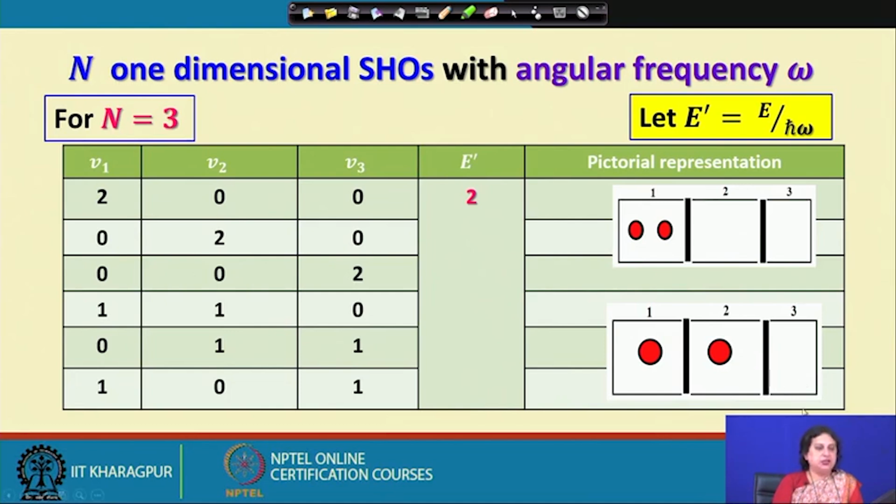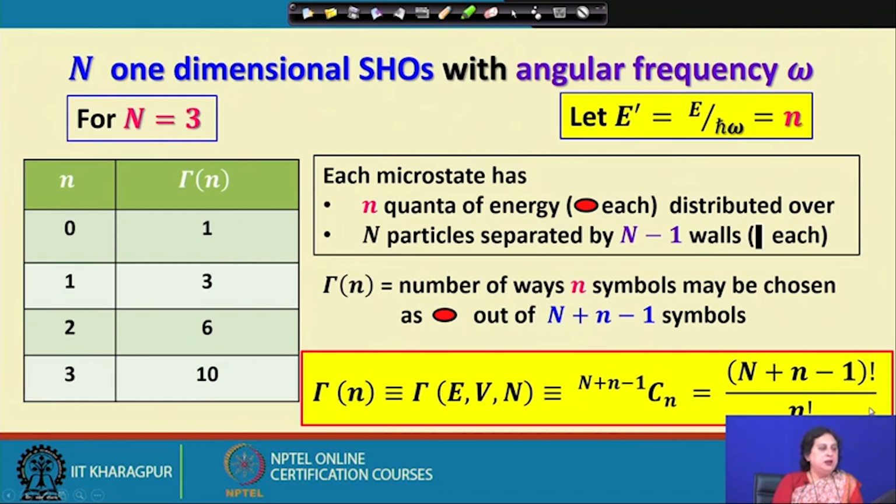So then the question is, as we can see as before, that the number of microscopic states depends on the total amount of energy that is available to the system. We have already seen that when n is equal to 0, gamma is equal to 1.